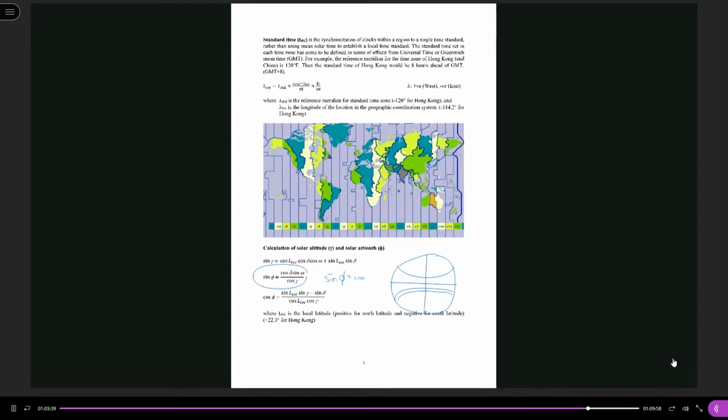Maybe the phi angle is equal to 50 degrees.